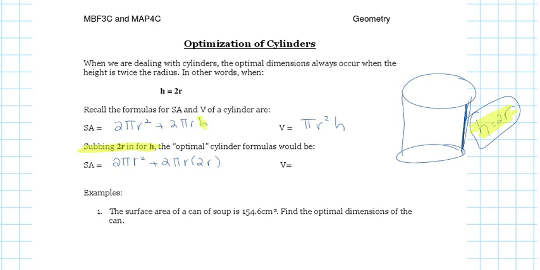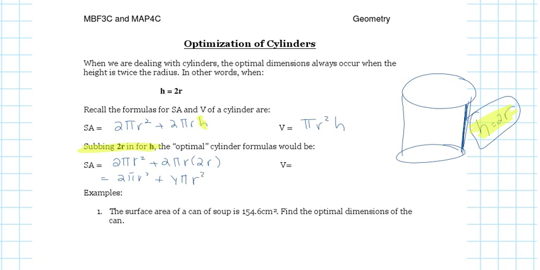Now, let's simplify this. I have 2 pi r squared plus 2 times 2 is 4 pi, r times r is r squared. Are we okay with that?